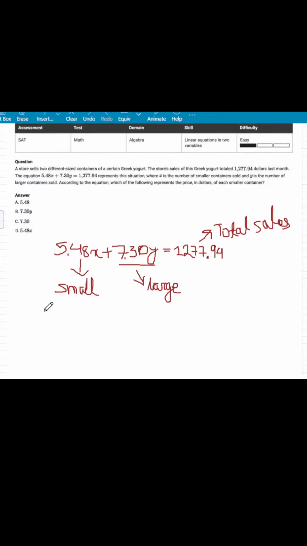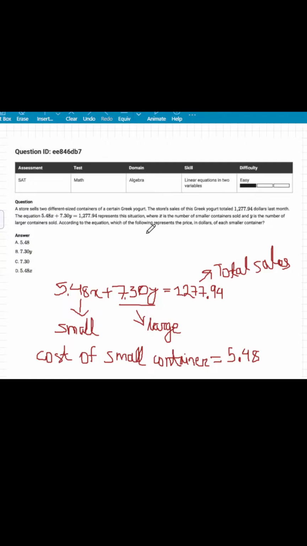So cost of smaller container is 5.48, and that is what is being asked in the question, which of the following represents the price of a smaller container.